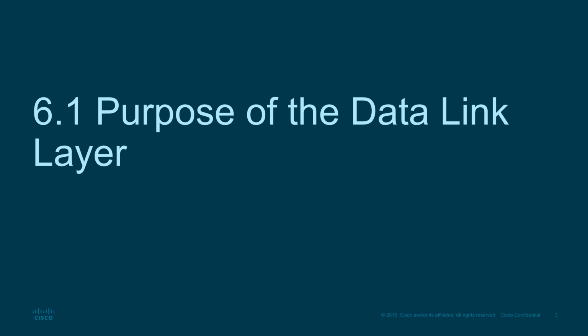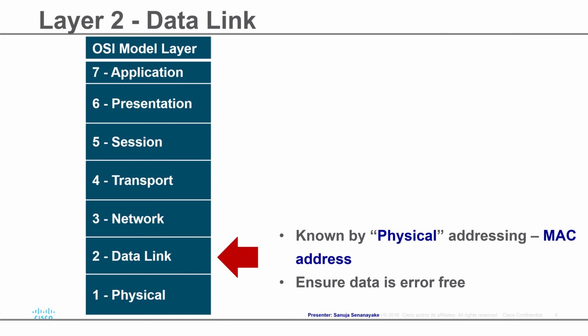So what is the purpose of the data link layer? If you look at the OSI model, you will have 7 layers. It starts from physical, data link, network, transport, session, and goes all the way up to presentation and application.